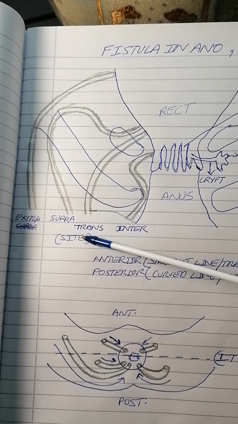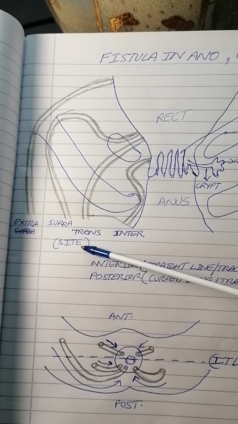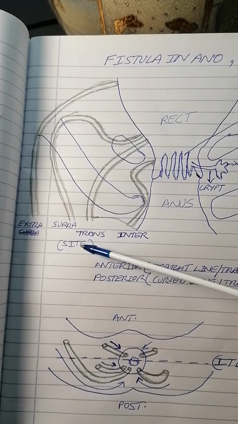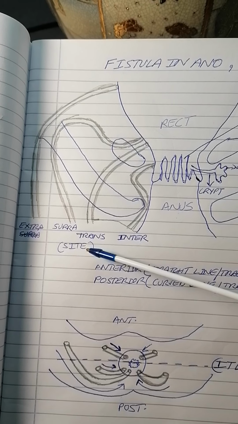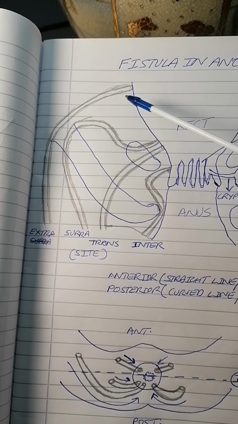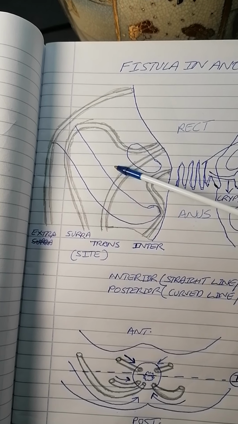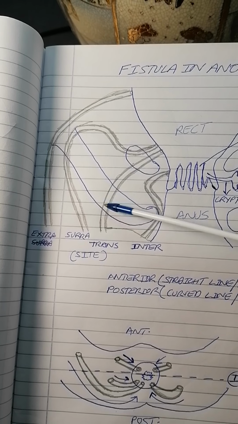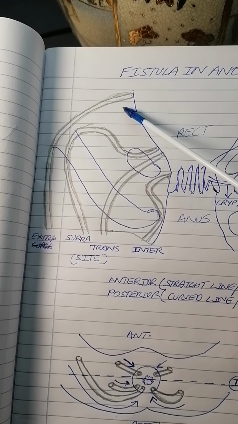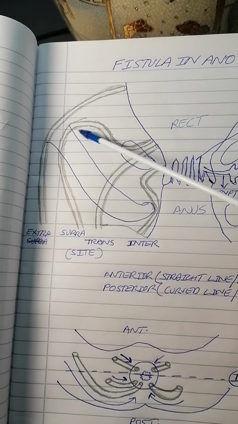Yeah, and the last letter in the mnemonic SITE is E. So E should be extra. Here you can see the extrasphincteric fistula is passing neither through your internal sphincter nor through your external sphincter. It is passing above both of them.